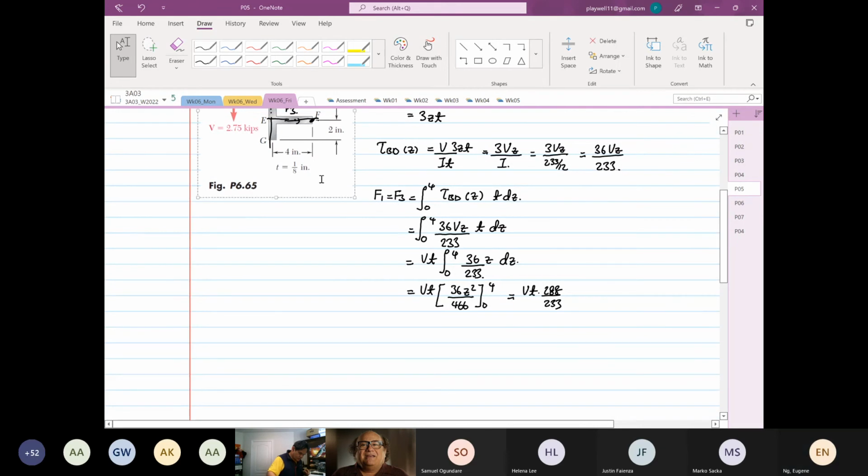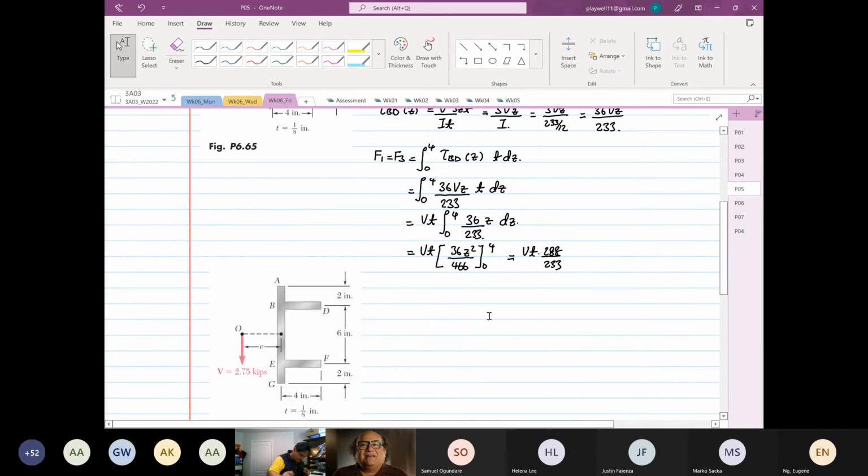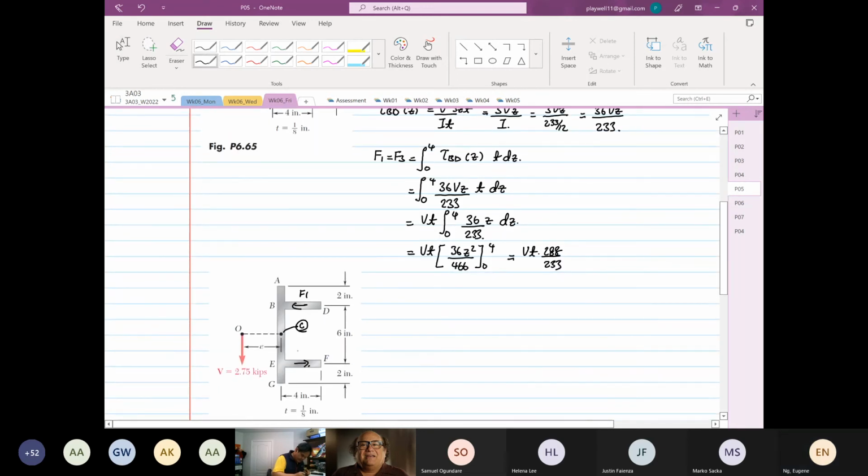And let me get this diagram. This is our point C. We found our F1. And I think I call that one our F3. Okay.